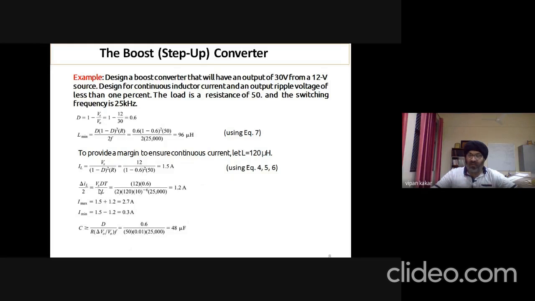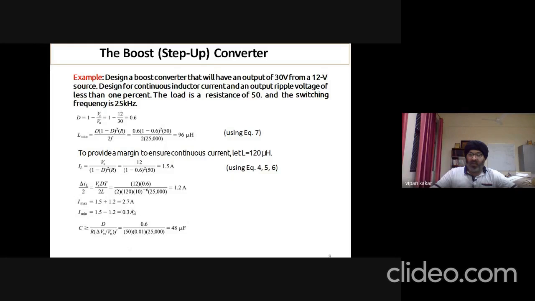Delta IL will change over here, because the inductor current remains fixed at 1.5 amperes. So this delta IL will change, and based on this change, we will have different maximum current and different minimum current.